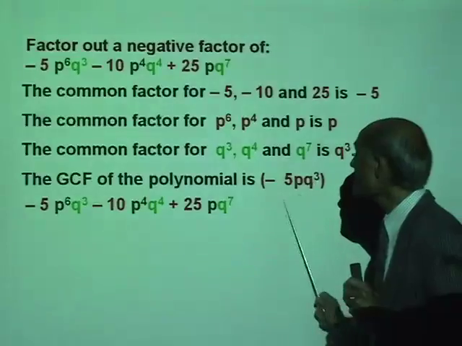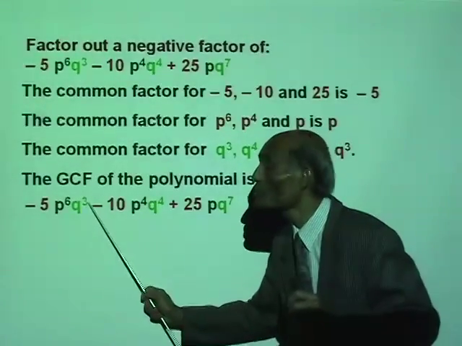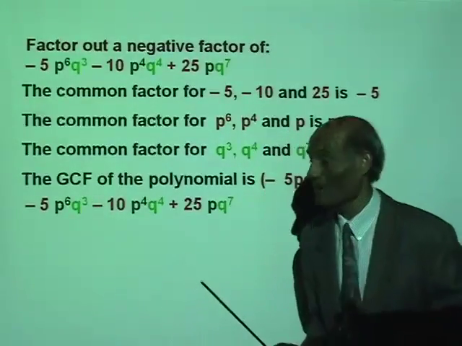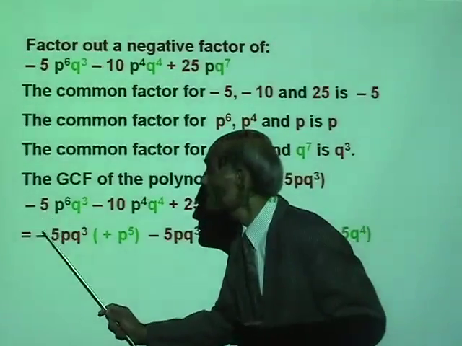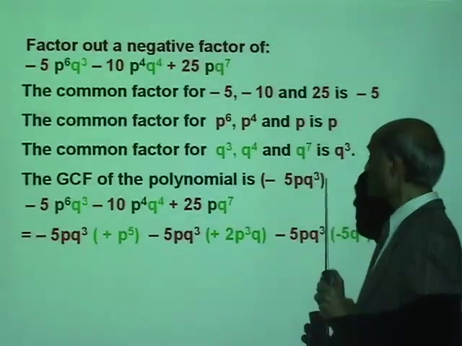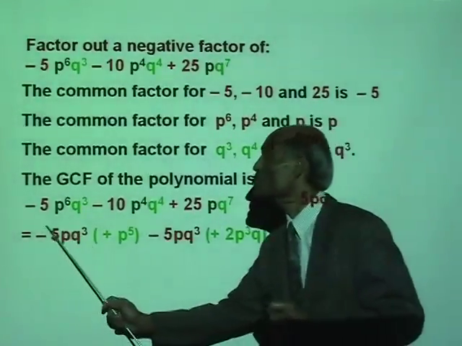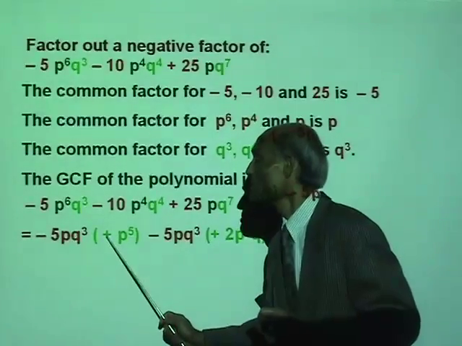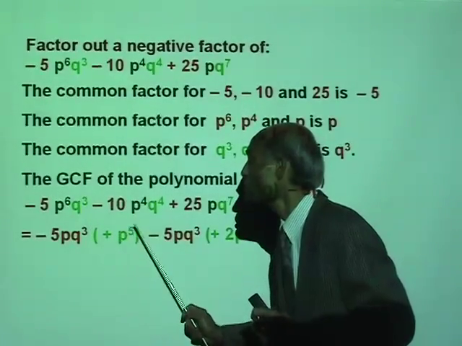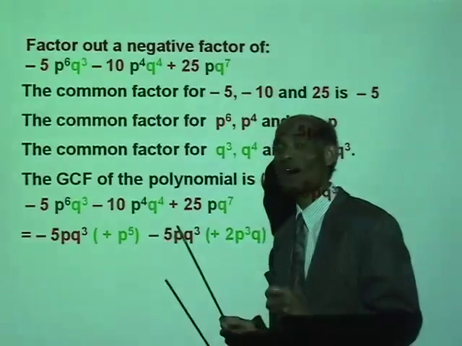Q cube is factored out from q cube, leaving a 1. So that will be -5p q cube, that is the common factor, times +p to the power 5.